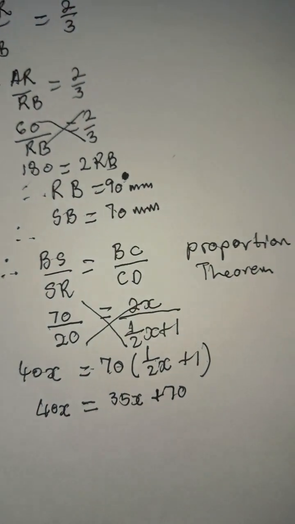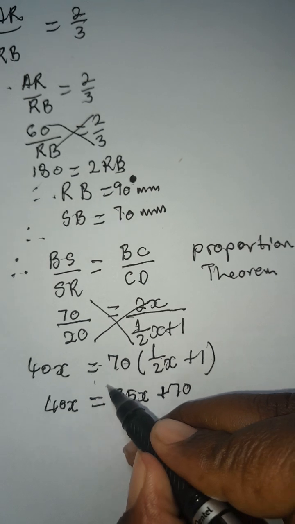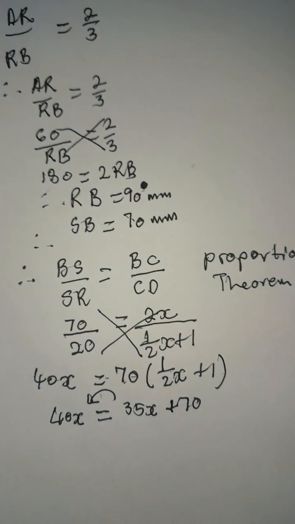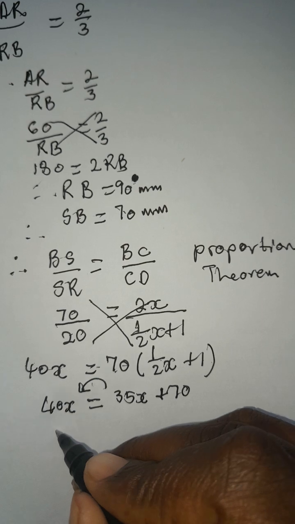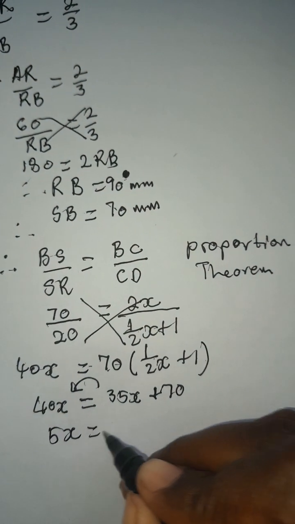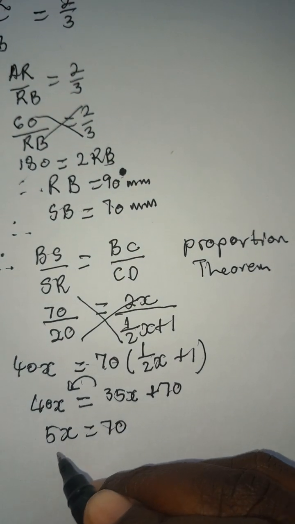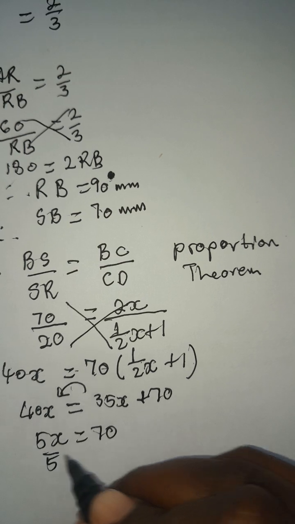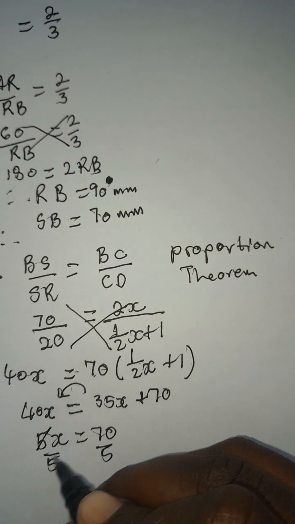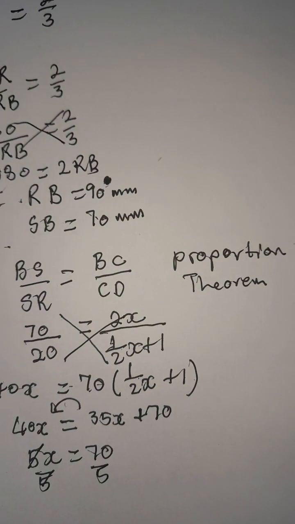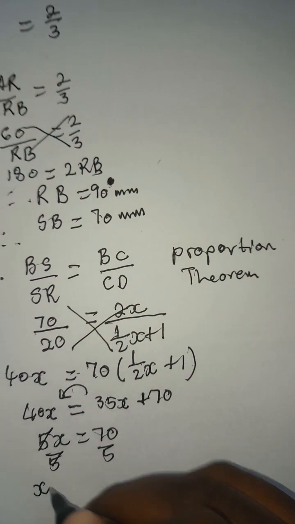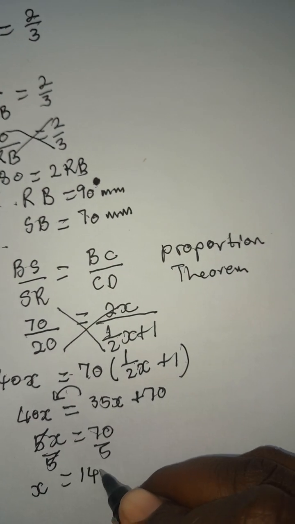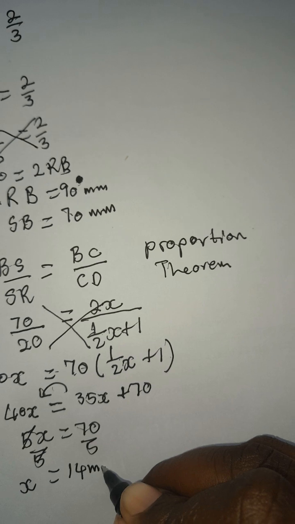The best way is to transpose 35x to the other side. 40 minus 35 will be 5x, which is equal to 70. So we can divide everything by 5. 70 divided by 5, we can see that x is equal to 14 millimeter.